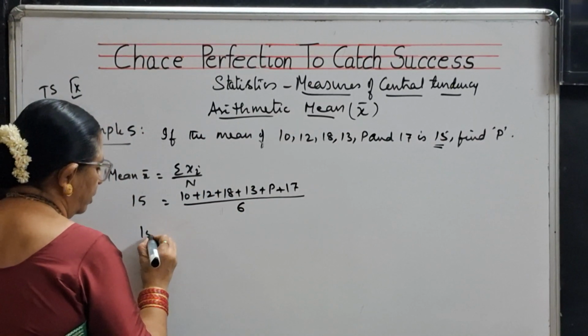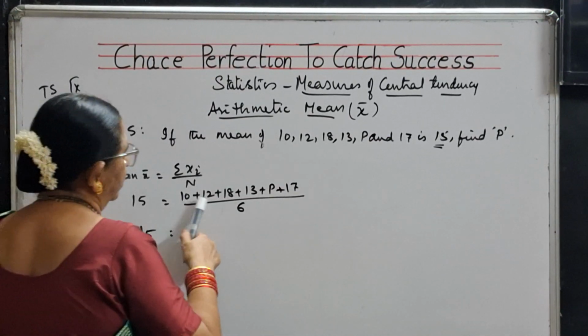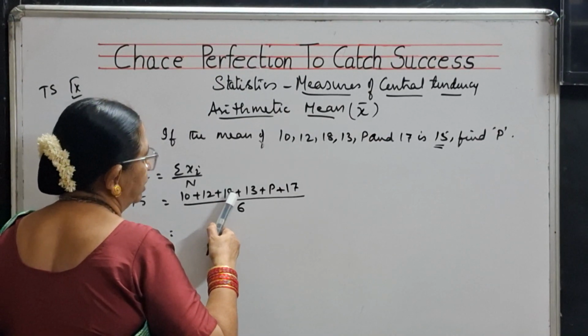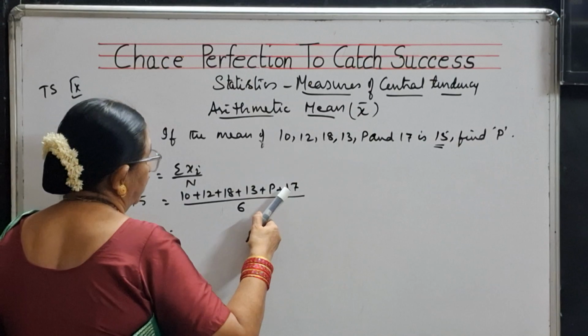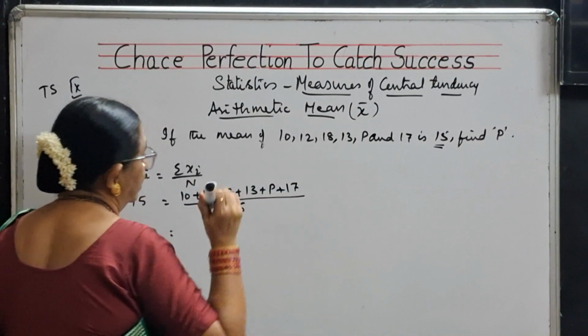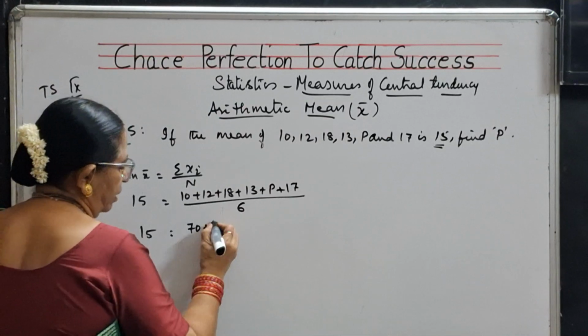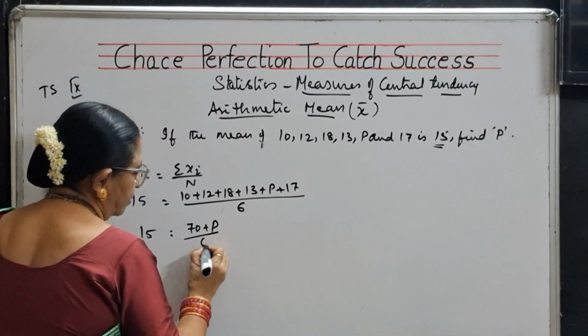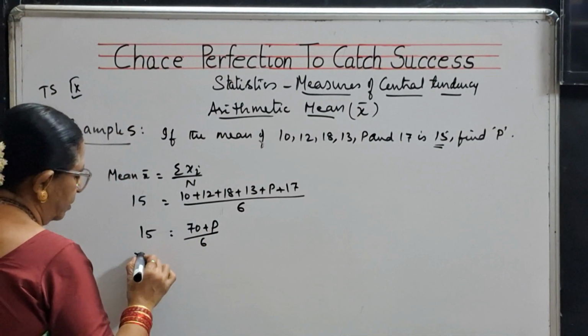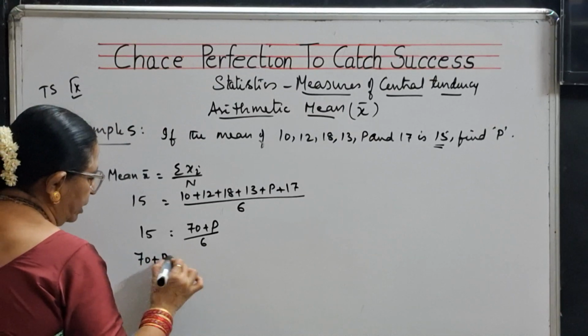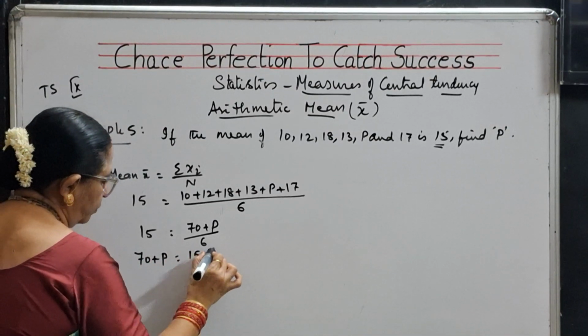This is nothing but 15 is equal to, let us add, 22, 32, 40, 53, 63, 70. 70 plus P you will be getting by 6. That means 70 plus P is equal to 15 into 6.